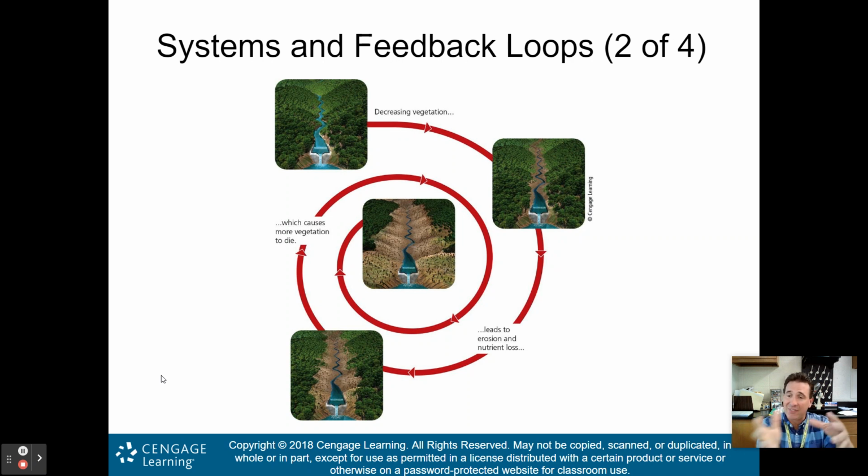On one side, they had the control, on the other side, where no forests were cut down, and we determined that the erosion and the excess toxicity of the soil increased where you had the trees cut down, right? Well, that's a positive feedback loop because the more trees you cut down, the more erosion that takes place, which then causes fewer trees to grow, which then causes more erosion, which then causes fewer trees to grow, et cetera, et cetera, et cetera.